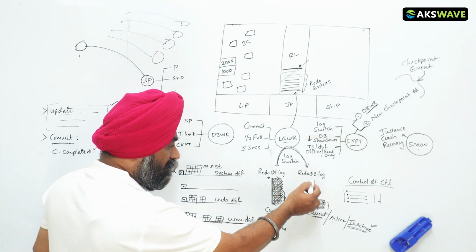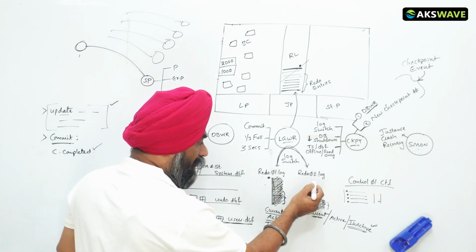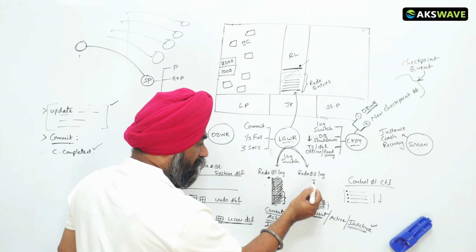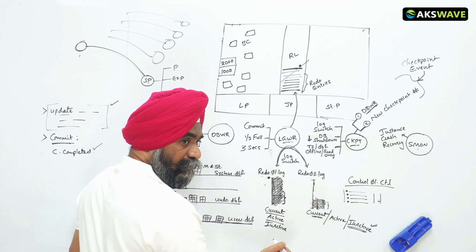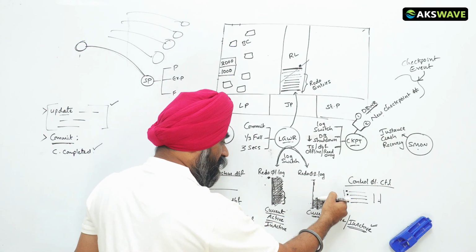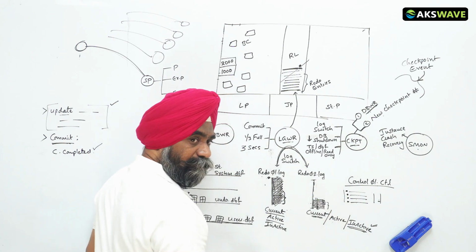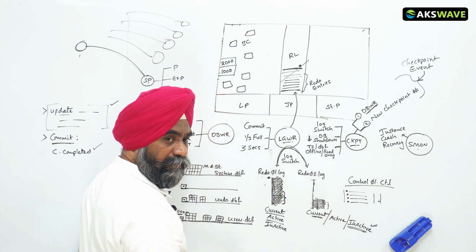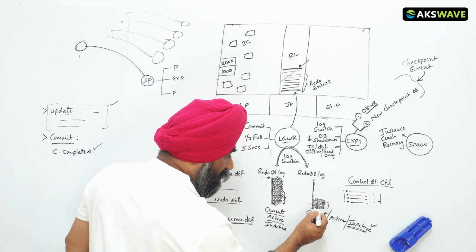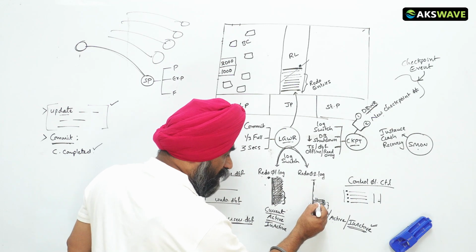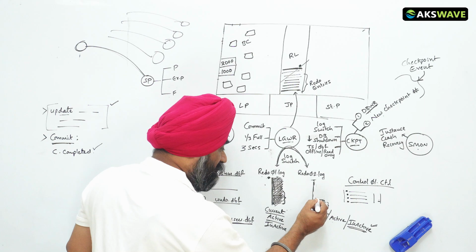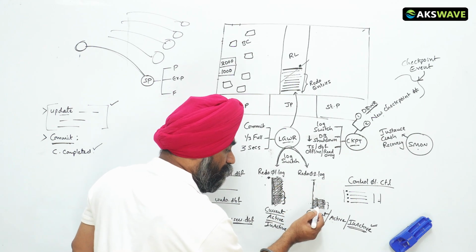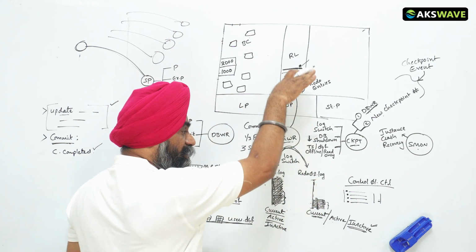Now, how big is this file here? The file takes nearly half an hour to fill every day. At peak time, it takes 30 minutes to fill up. So nearly 5 minutes of transactions happened after the checkpoint, and then the instance crashed.